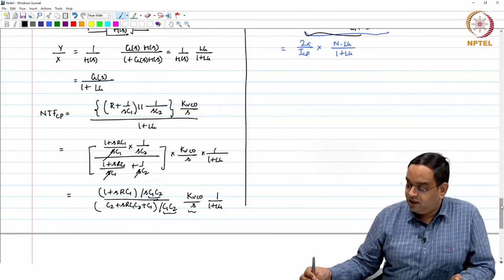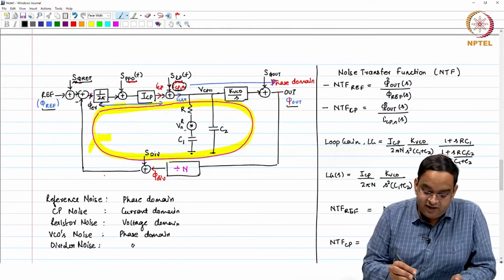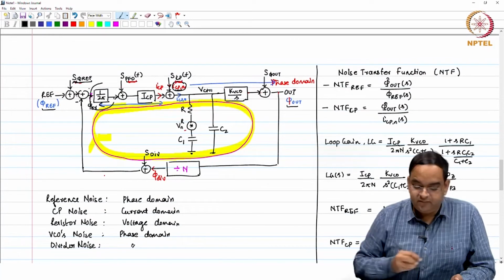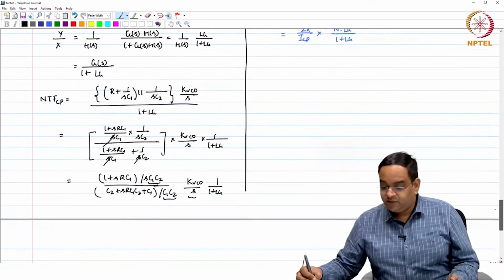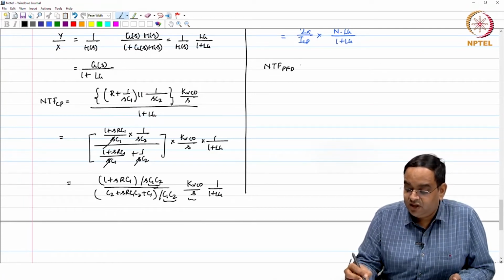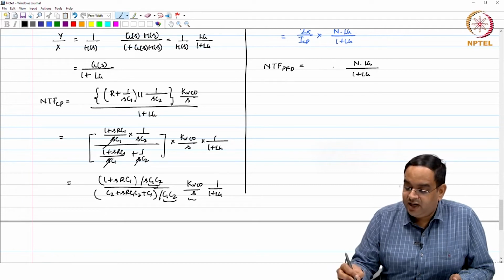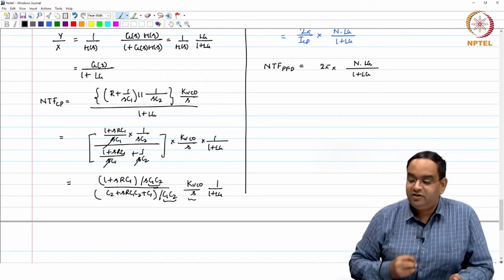Now, the other one is the NTF of the PFD. The NTF of the PFD will have the same transfer function as the charge pump, so I will write that also. NTF, noise transfer function, for PFD noise is n times loop gain by 1 plus loop gain, and you divide it by the gain of the PFD, which is 2 pi.